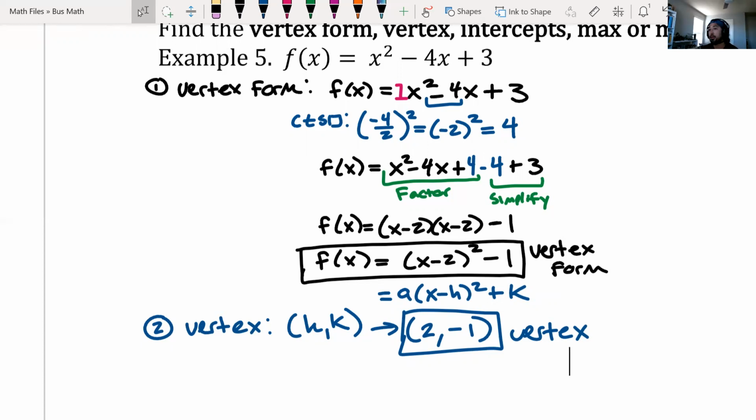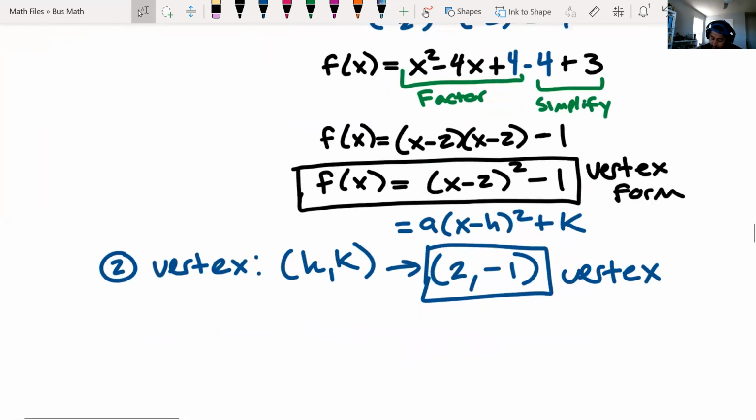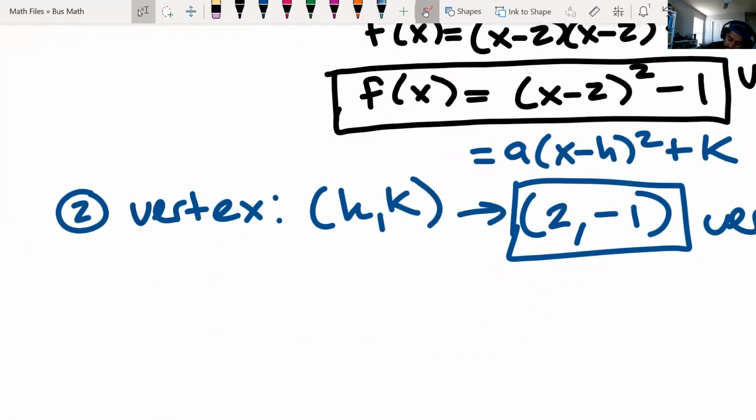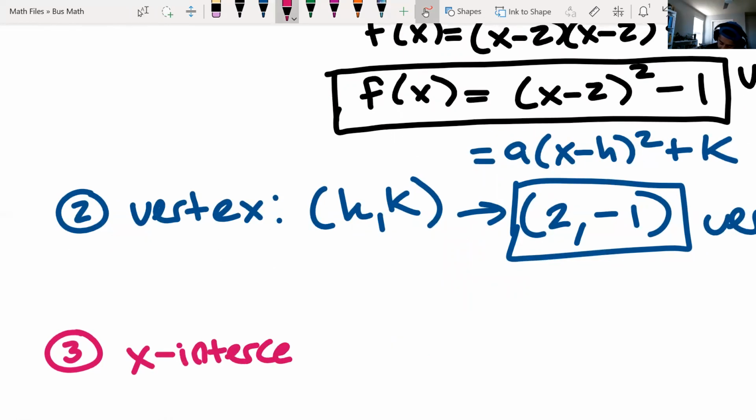Okay. So we have vertex form, we have the vertex. Next are the intercepts. So that's 3. Intercepts. First thing we'll look for is the x-intercept. I don't have to write it out. X-intercepts, which means you let f of x equal 0.